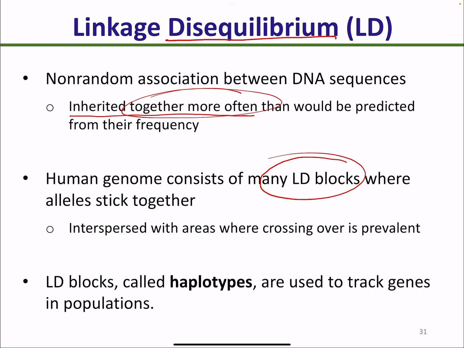These LD blocks are actually called haplotypes. Okay, haplotypes are basically chunks or groups of genes that systematically end up in the same gamete because they are so close together, right?